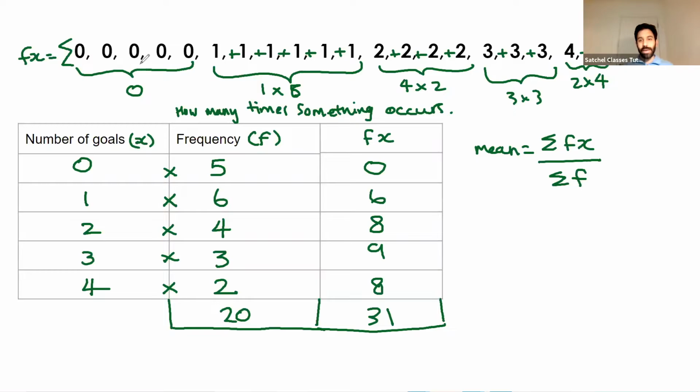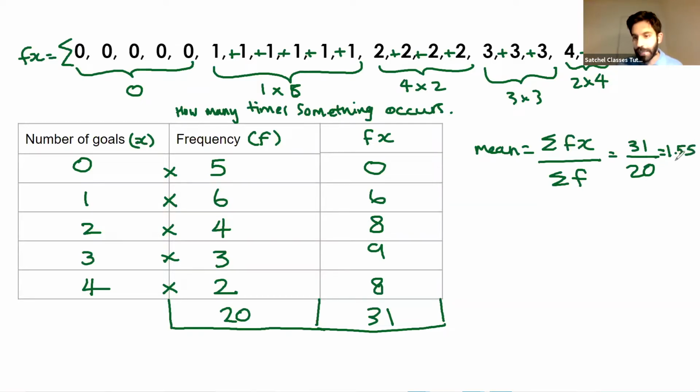And this would be the same as adding all of these up and then dividing by 20 to find the mean. So what we would have is 31 divided by 20, and our answer will be 1.55.